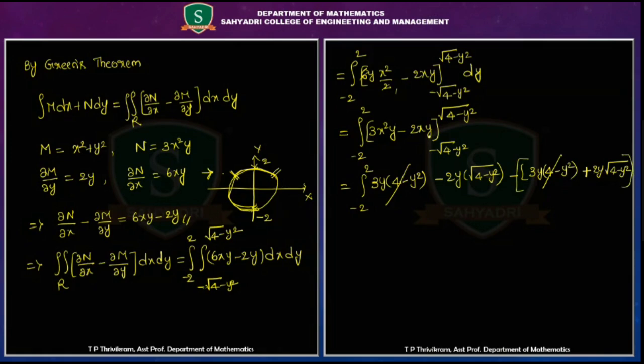Here we'll get plus. So again minus 4y. Minus 4y root of 4 minus y square dy.